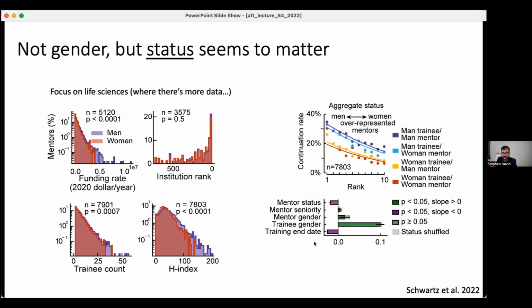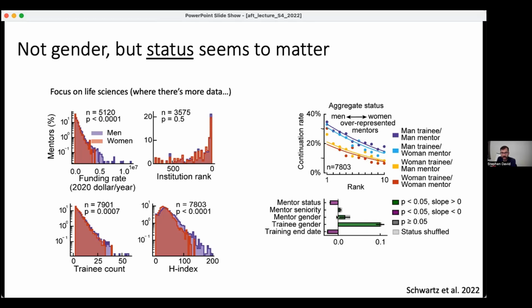Now if we look at marginal effects, we're asking how these different variables (mentor status, mentor seniority as a control, mentor gender, trainee gender, and time) matter. You can see we're replicating the negative impact of time. Sorry, this is if the trainee is a male. A male trainee has a much stronger likelihood of continuation.